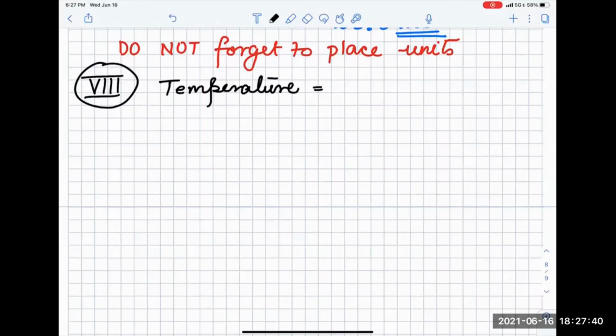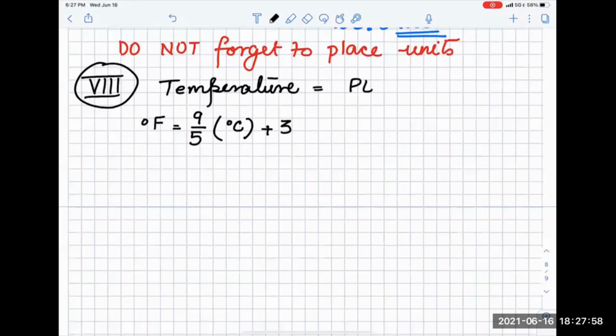If you need to find degrees Fahrenheit, then 9/5 multiplied by whatever degree Celsius is given to you, plus 32.